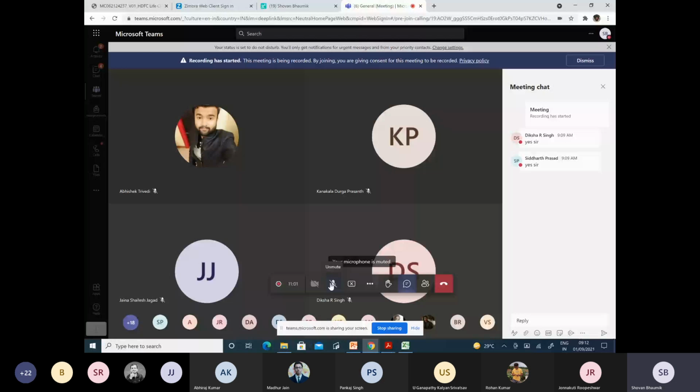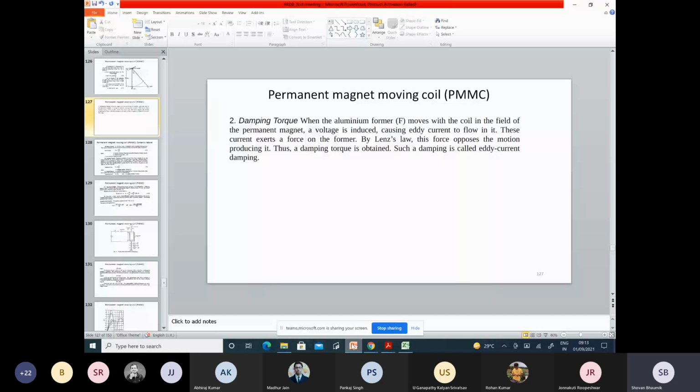Now if we want to know what will be the transient response, we need to know the transfer function of the instrument. For that, we need to see what the different forces acting on it are when the instrument is moving.